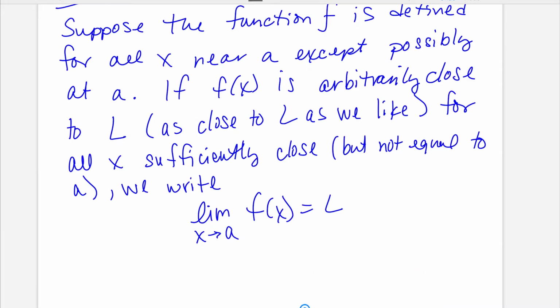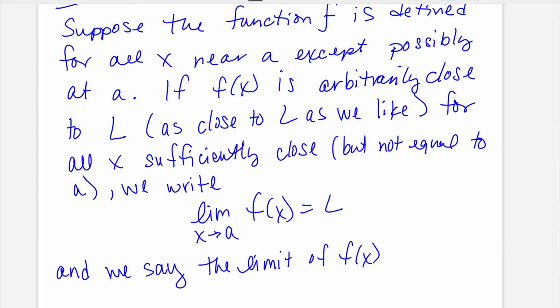And we say the limit of f of x as x approaches a equals L. Okay, get that written down. You can even pause the video here if you need to write that down a little bit more. And then we'll come back to it. All right, then hit play when you're ready again.